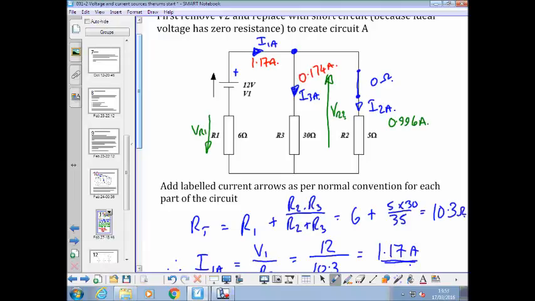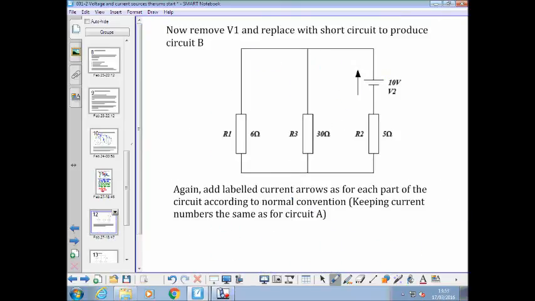So your job now is to do the same thing with that. Let's just put the current arrows on it first. This is circuit B. So you can keep the numbers the same. Which way would I put a current arrow on this leg coming out of the battery, Carl?